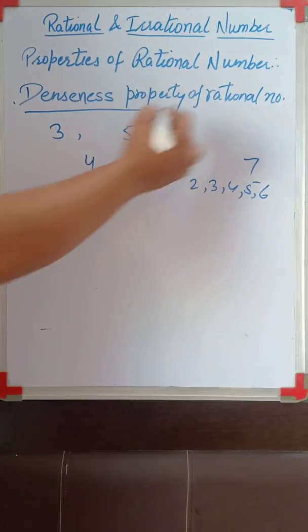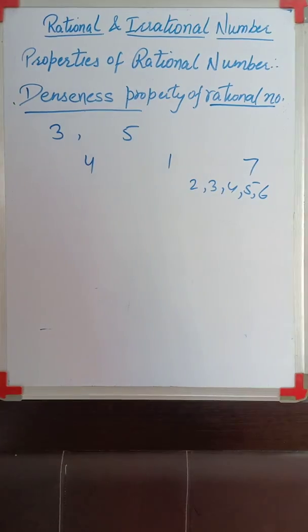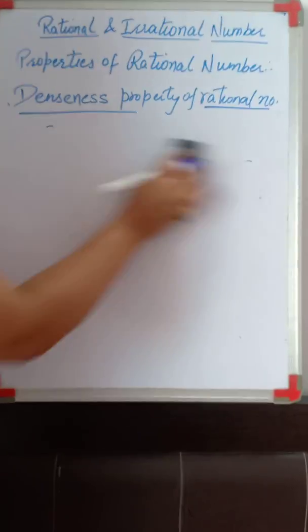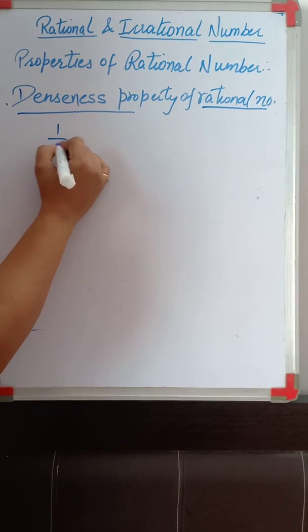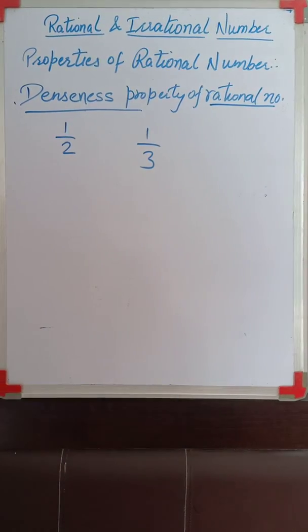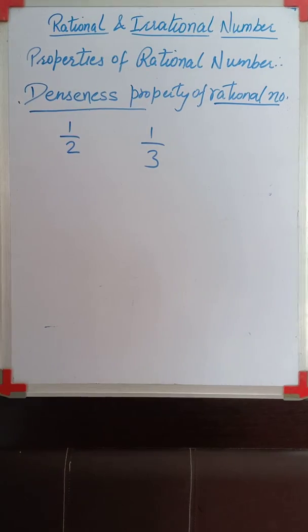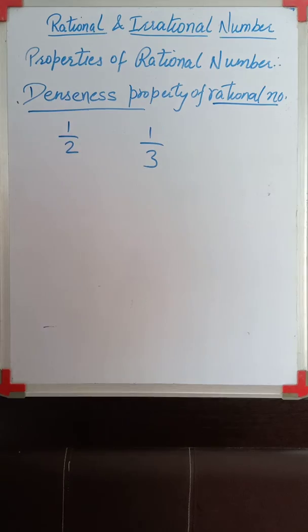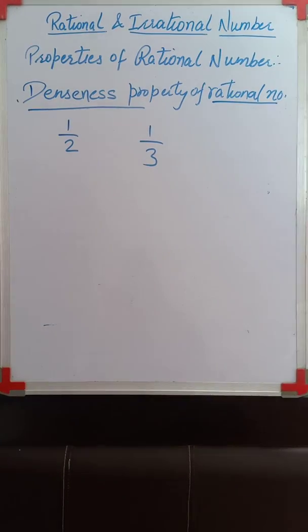But when we come to rational numbers, for example, if I write the numbers in between 1 upon 2 and 1 upon 3, we have infinite rational numbers in between two rational numbers, and this property is called the denseness property.